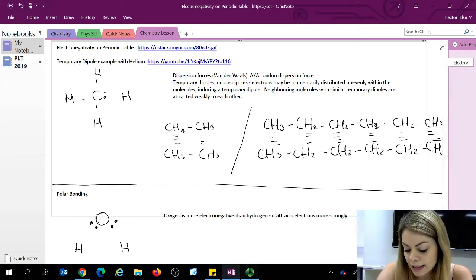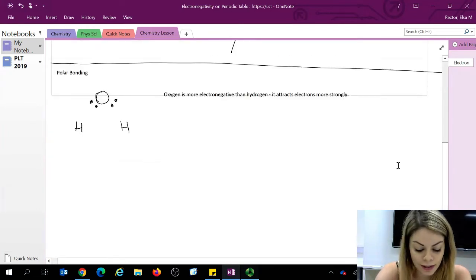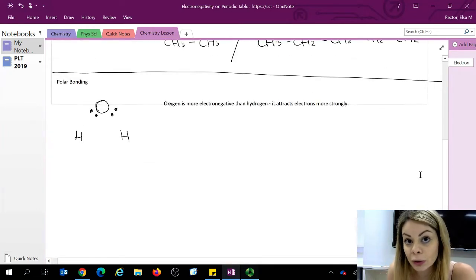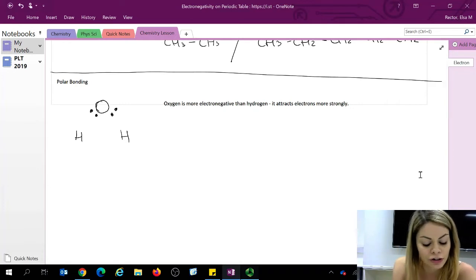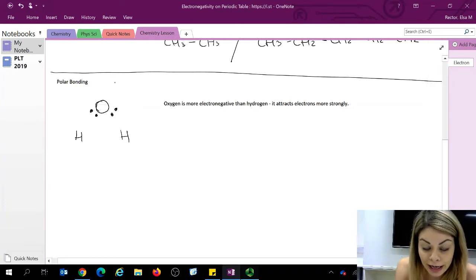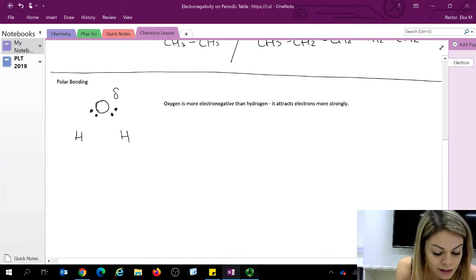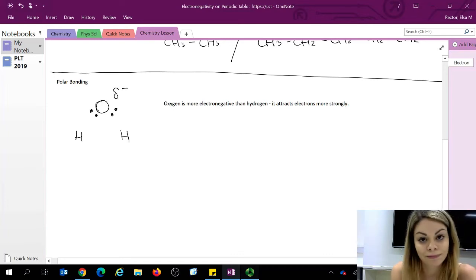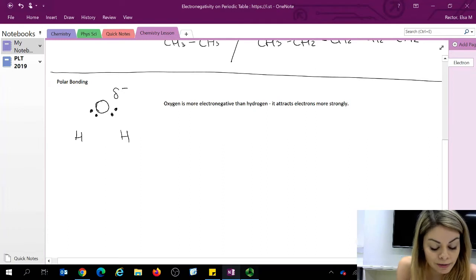And what that does is it gives the oxygen side of the molecule a partial negative charge, not a full negative charge like in an ionic bond, just a partial negative charge because the electrons are closer. To write partial negative, we do this symbol here, okay? And the other end of the molecule, the hydrogens, have a partial positive charge.